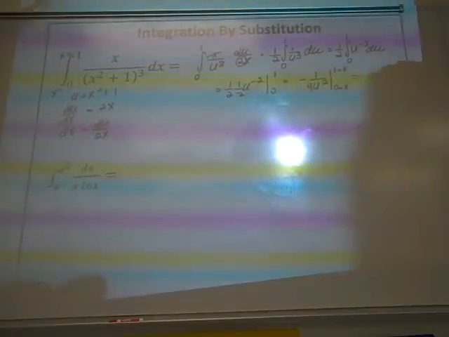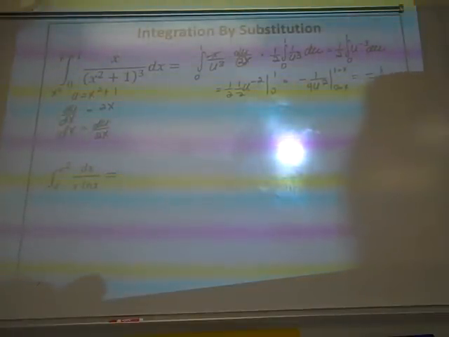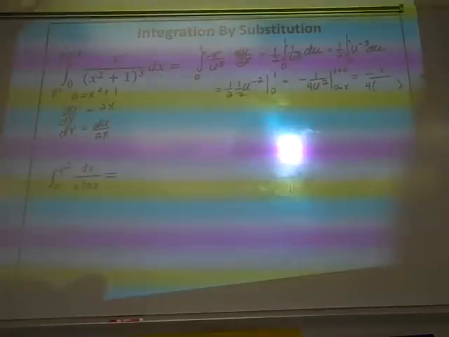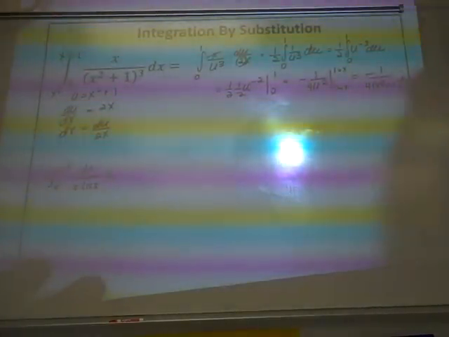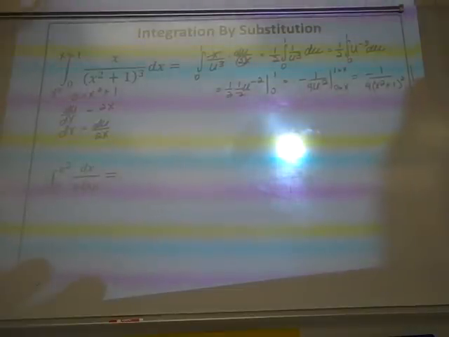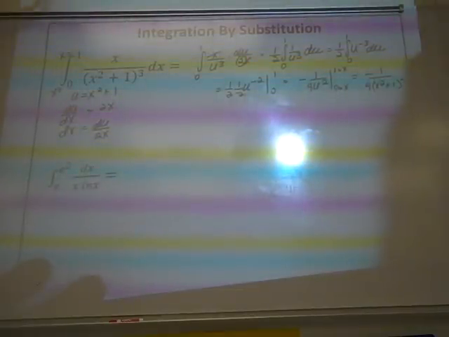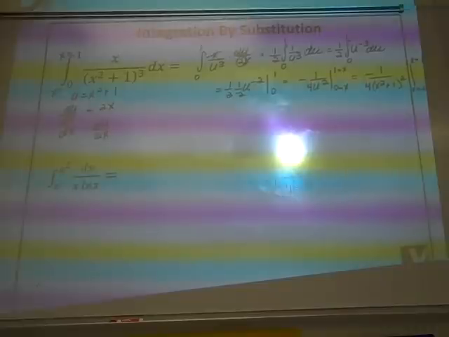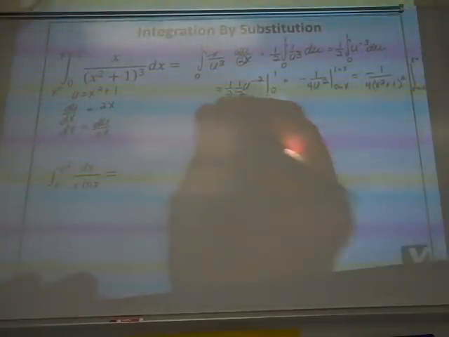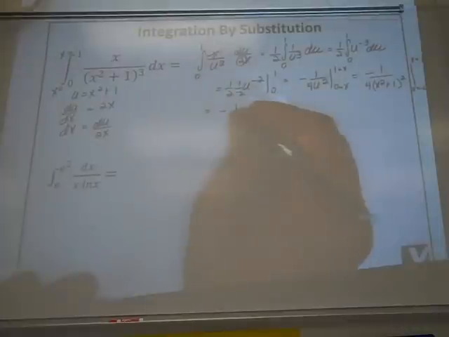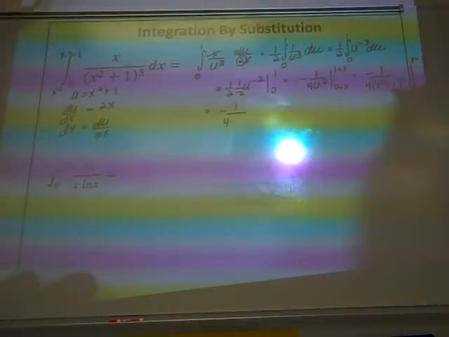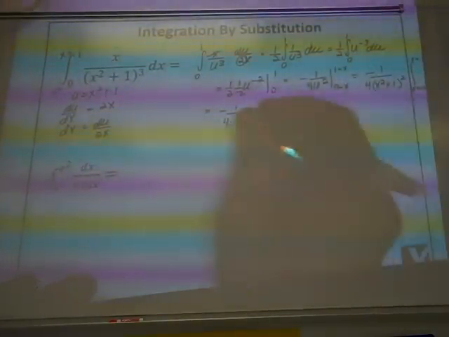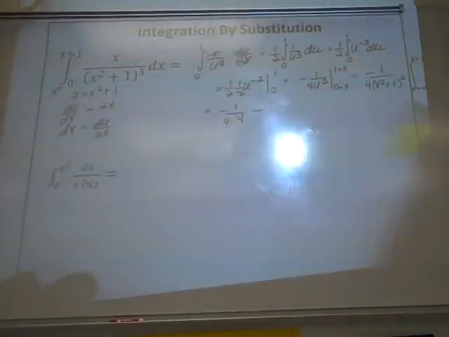So you replace this at this final step before you plug in. You rewrite the u as x squared plus 1 squared. And now you evaluate it between 0 and 1. If I plug in the 1 for x, I'm going to get negative 1 over 4. See, we're plugging in 1. 1 squared is 1, plus 1 is 2. 2 squared is 4, minus.